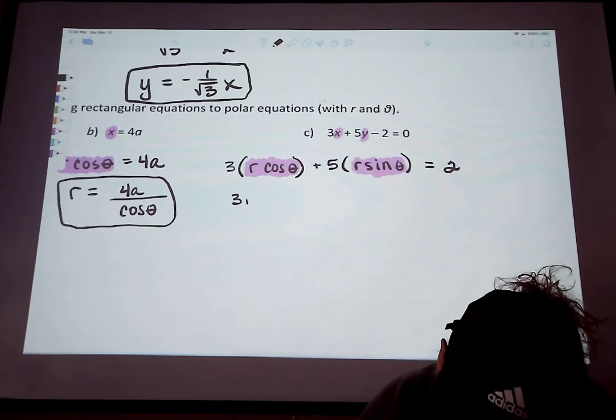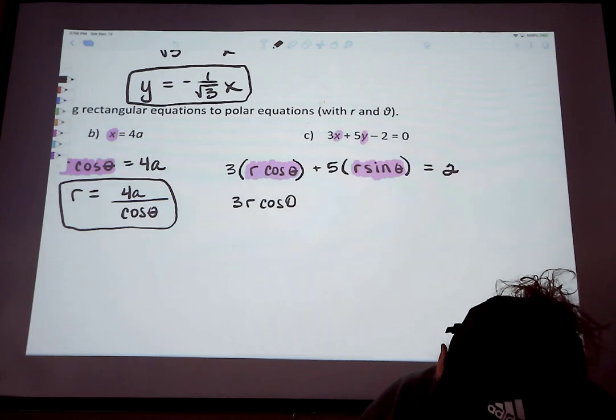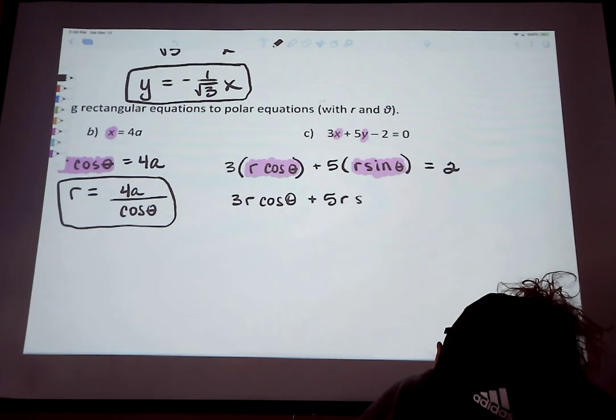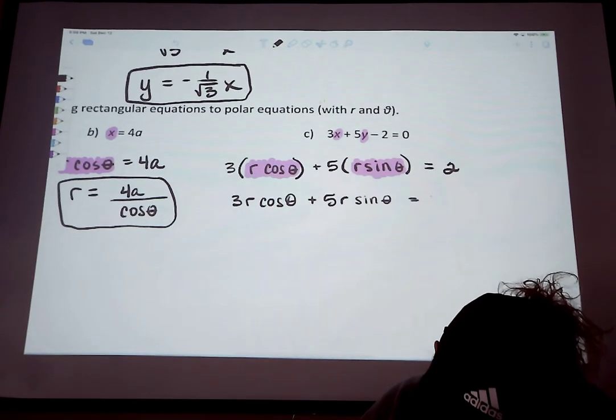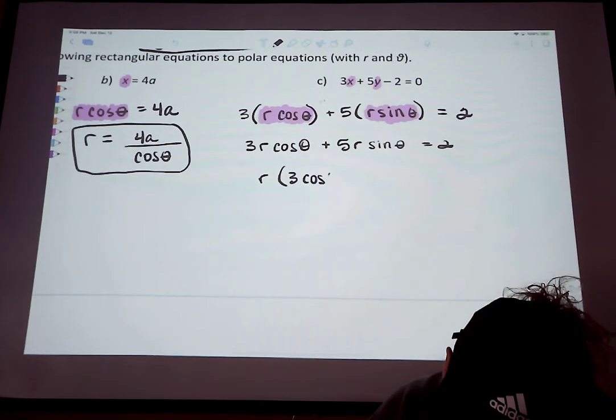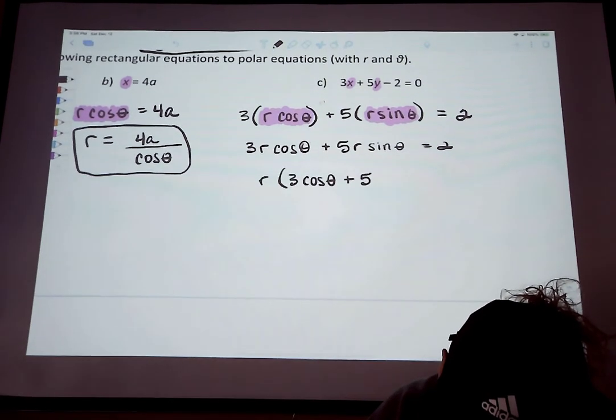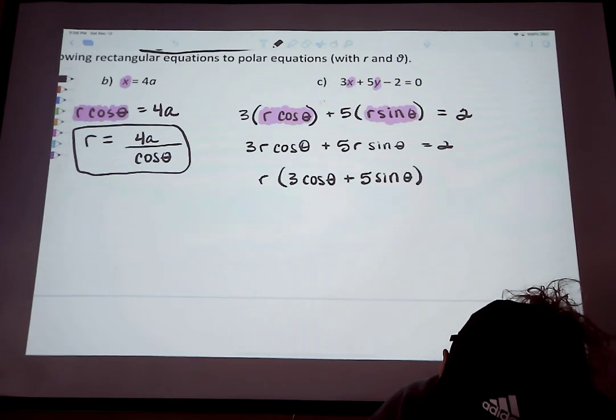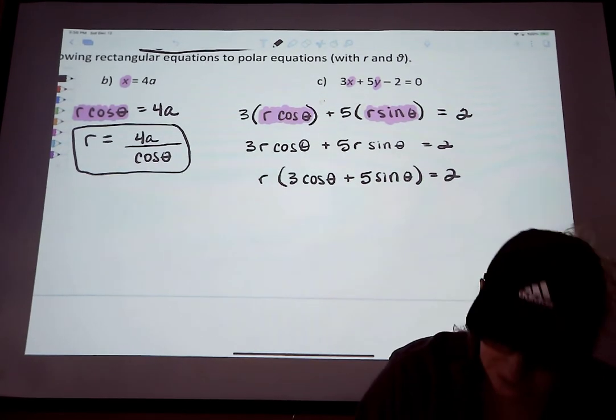So I got 3r cosine, 5r sine, pull out an r, and divide.